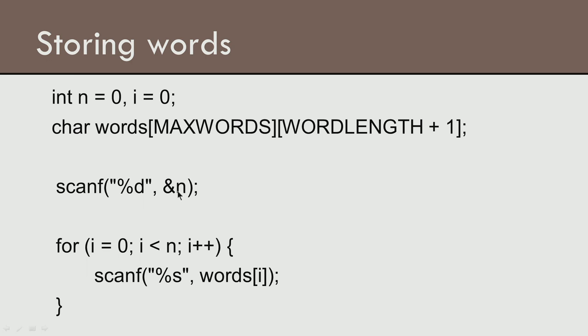So, now we read the number of words that need to be sorted. This is what the first scanf does, and then the for loop here reads the strings one after the other, the words one after the other, and stores them in the array words.